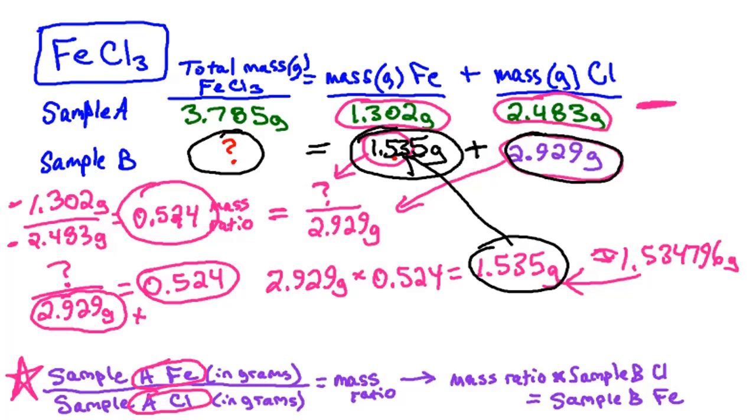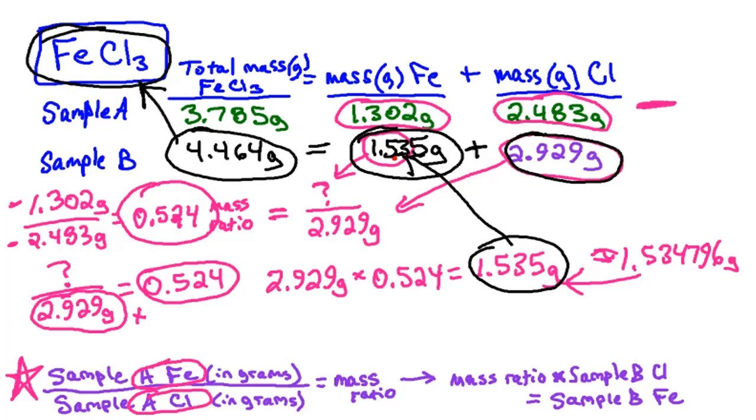So 1.535 plus 2.929 is going to equal 4.464 grams total of iron chloride. So see, you just have to add these together. It's just an addition problem to get the total mass.